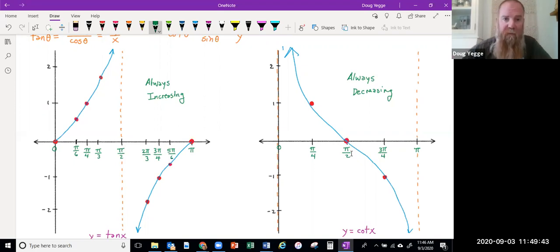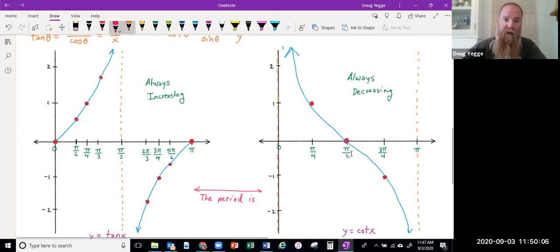So we should see that for both of these functions, the period, which is 1 full cycle, is not 2 pi. Remember that sine and cosine repeated the same pattern once it got from 0 to 2 pi, and then it started again from 2 pi to 4 pi.